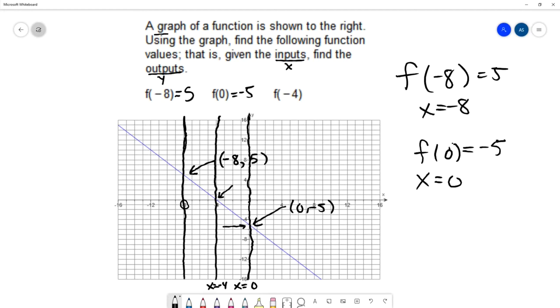We want the one where it crosses the line. And I know it's kind of hard to see on my y scale over here, but that is right at the origin. That y coordinate is 0. So we get the ordered pair negative 4, 0, and f of negative 4 equals 0.